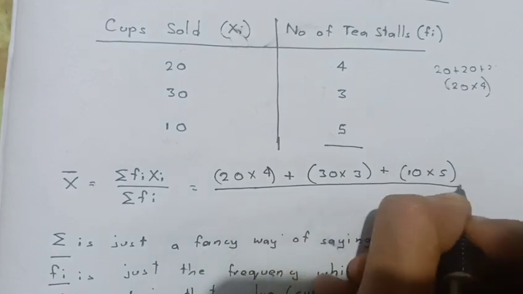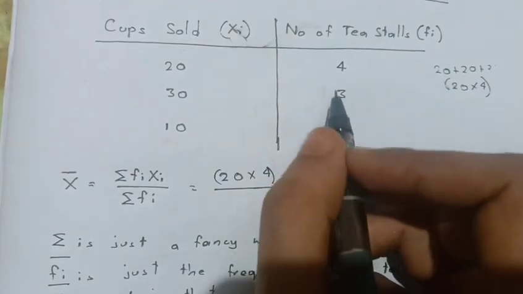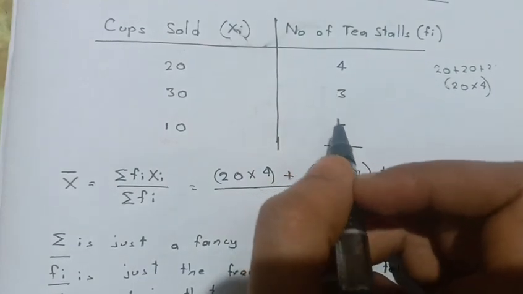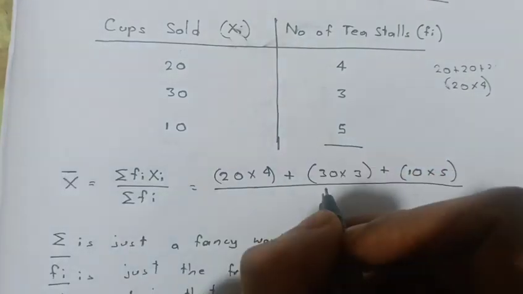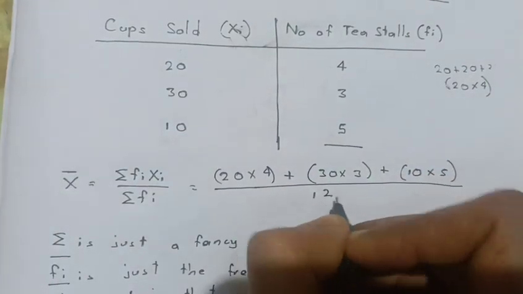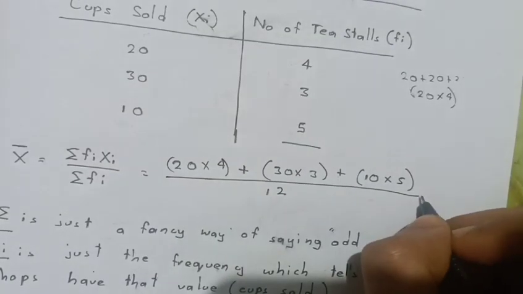And summation of fi is adding up all the frequencies, which gives us 12. Now let's add this up.